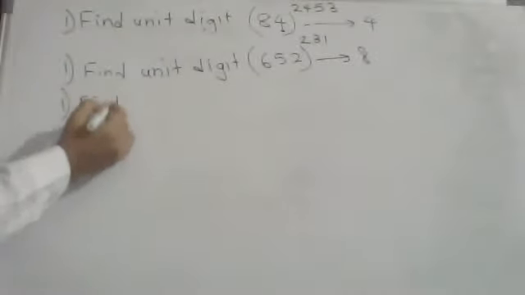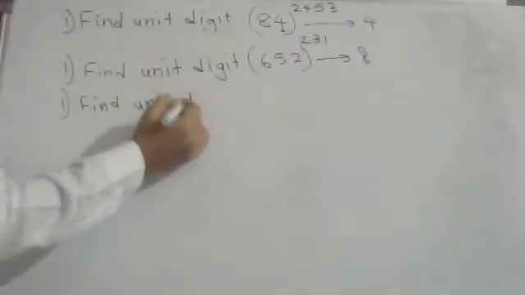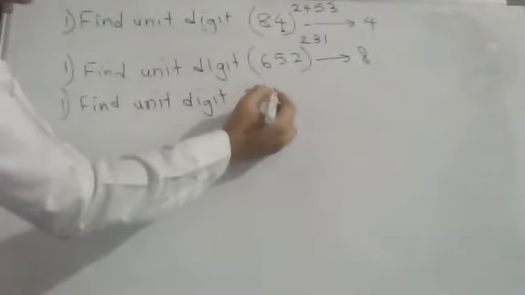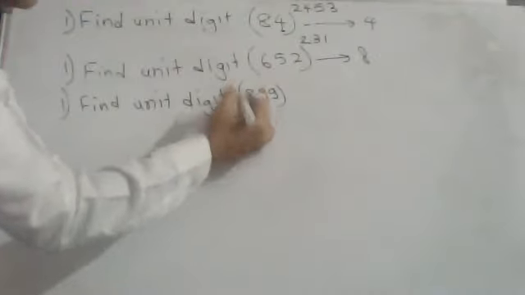Find the unit digit of 899 raised to 159.